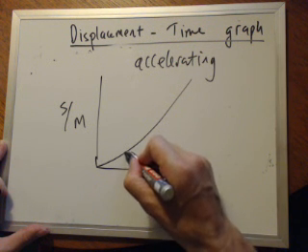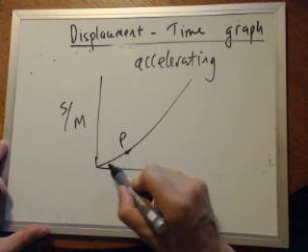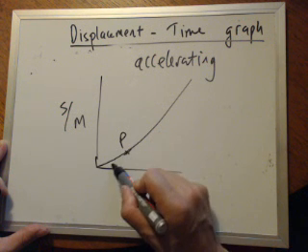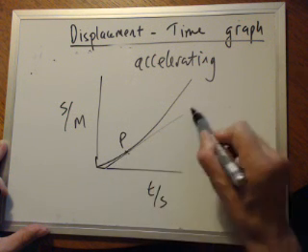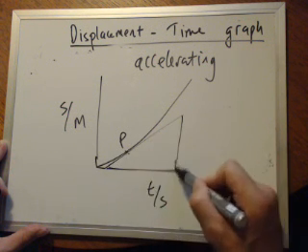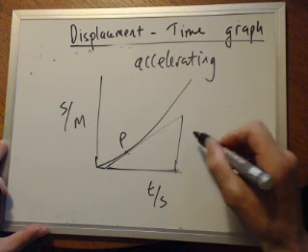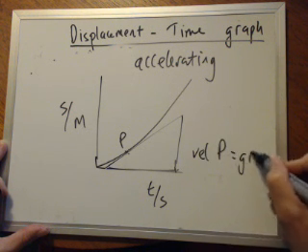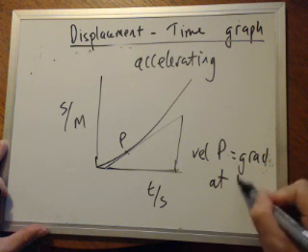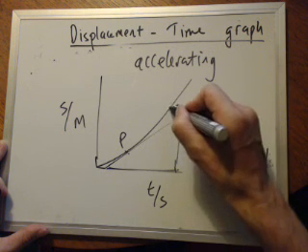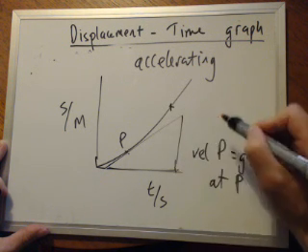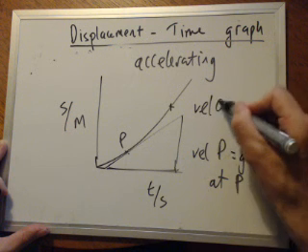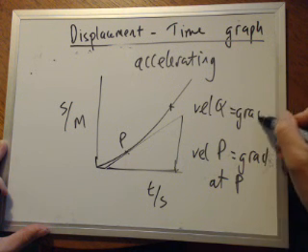So we take a point here, call that P. To find the instantaneous velocity, we draw a tangent like that. Find the gradient, and the velocity at P equals the gradient at P. It's going to be positive, and up here we can do the same thing. So the velocity at Q equals the gradient at Q.